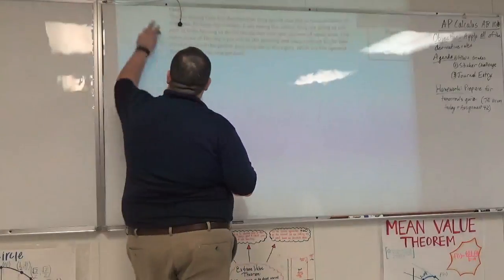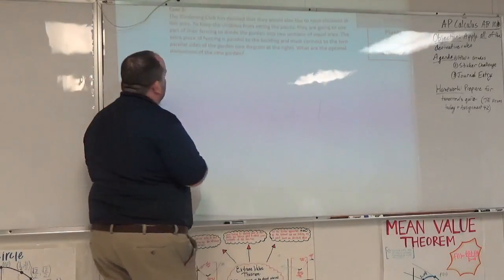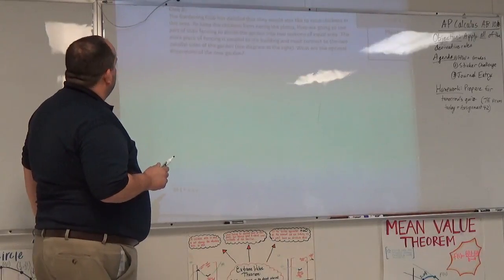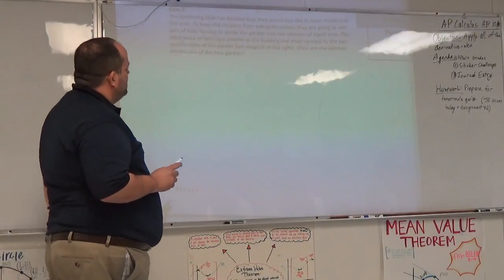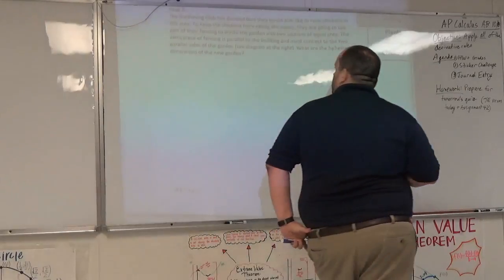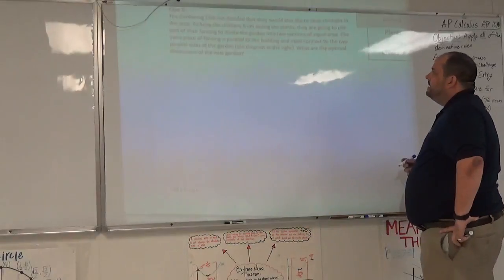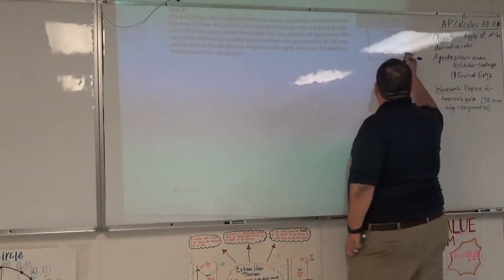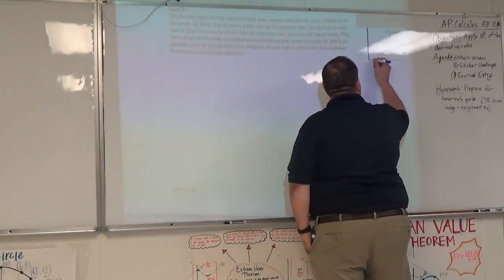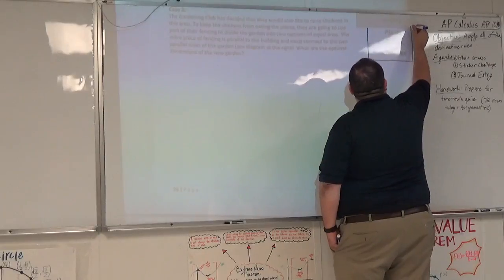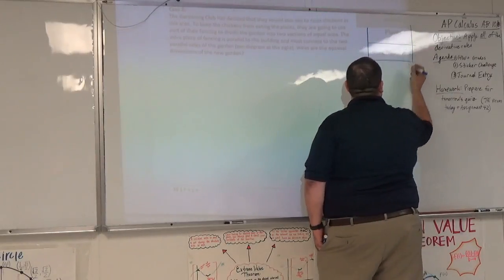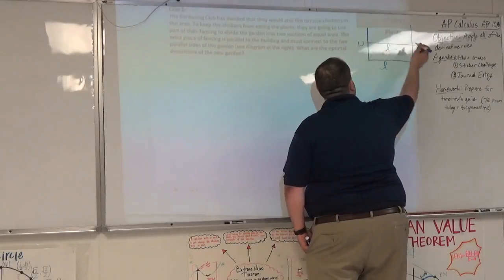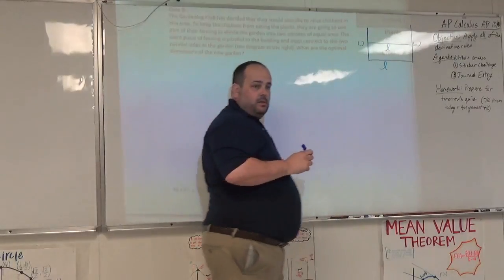Alright. Only gonna worry about the setup here. Gardening club decided they also want to raise chickens in this area. To keep the chickens from eating plants, they're gonna use part of the fence and divide the garden into two sections of equal area. The extra piece of fencing is parallel to the building and must connect the two parallel sides. So I'm putting fencing here, here, here, and there. So length and width.